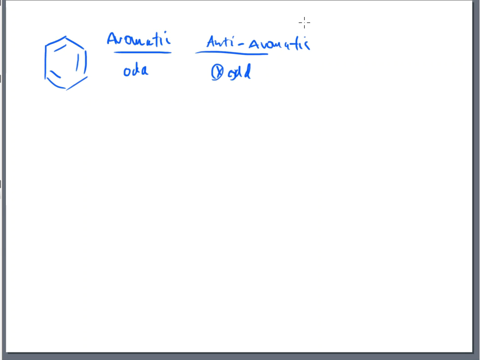The other thing that we also discussed was nomenclature. We talked about how to name these things. If we had a benzene ring, with the shorthand notation being just the circle, and I put a Br on here, we said that we name the substituent bromo and then benzene. It's as easy as that.